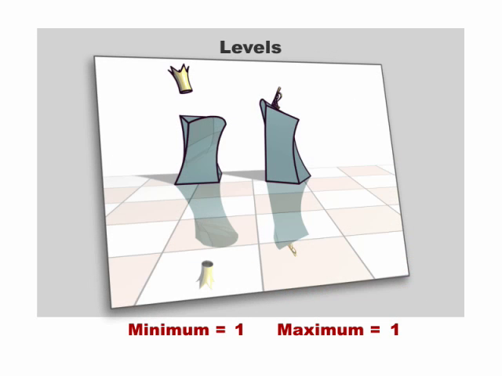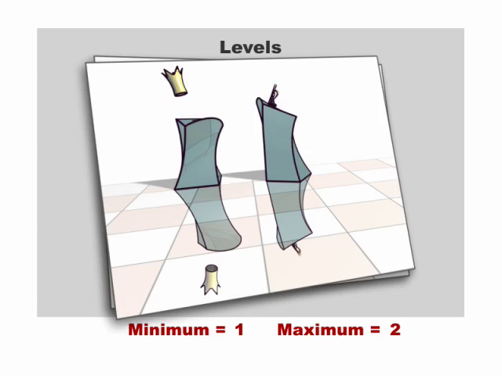The minimum and maximum level parameters deal with reflections and refractions. If both minimum and maximum levels are set to 1, only contours of non-reflected or non-refracted objects are traced. If the maximum is set to 2 or more, reflected and refracted objects also receive contours.